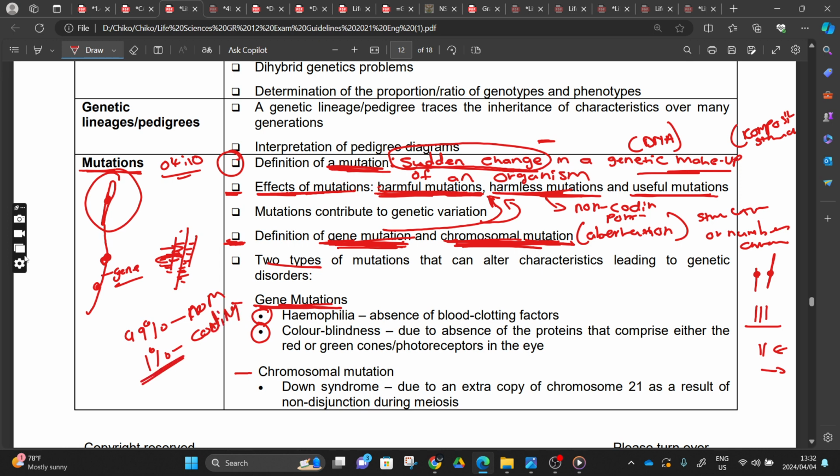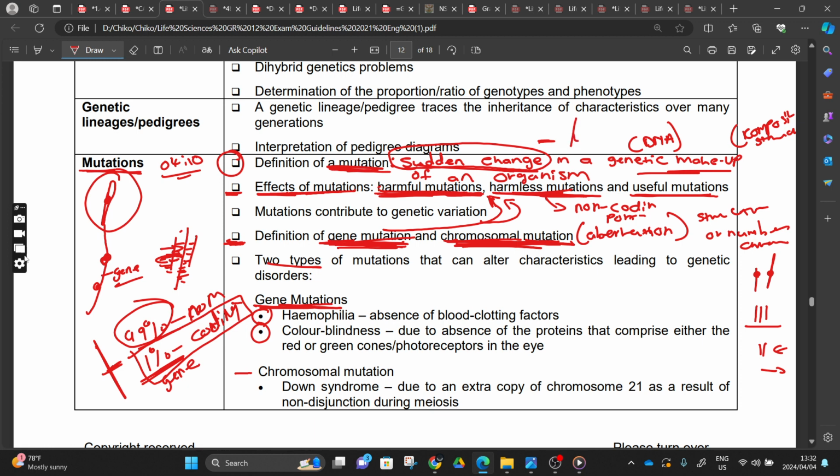It means that this will be our gene, right? So in DNA, the only portion that is responsible for producing protein is only 1%, right? So if this mutation is happening on this 99% portion of the DNA, the results are going to be harmless, right?